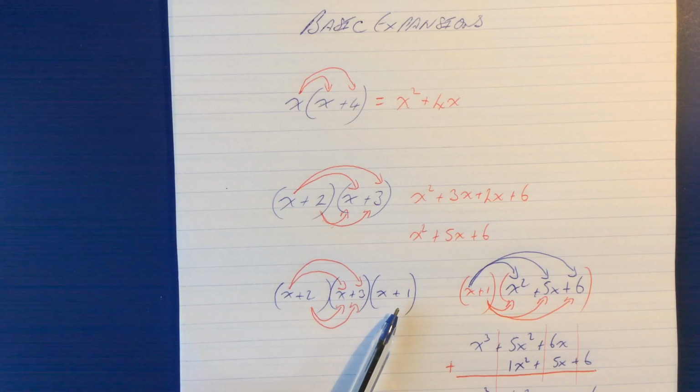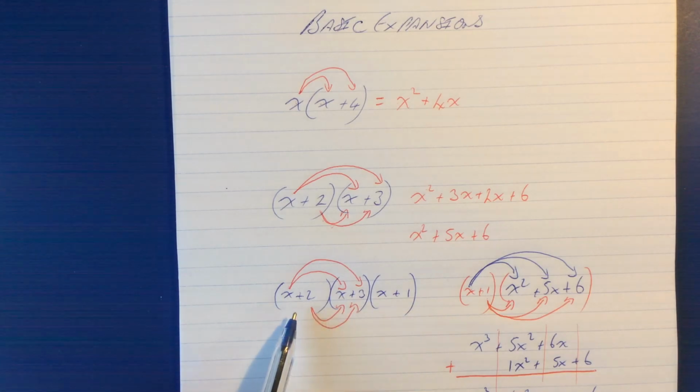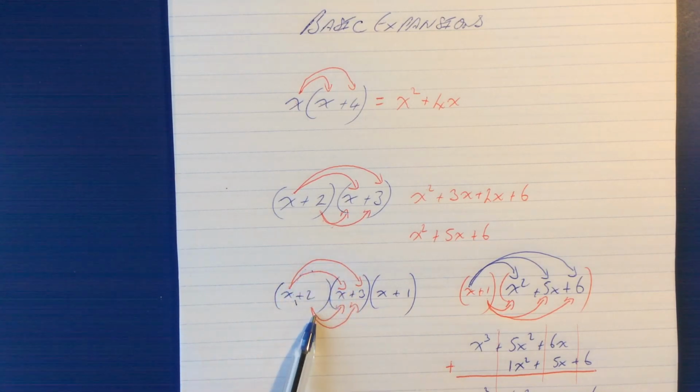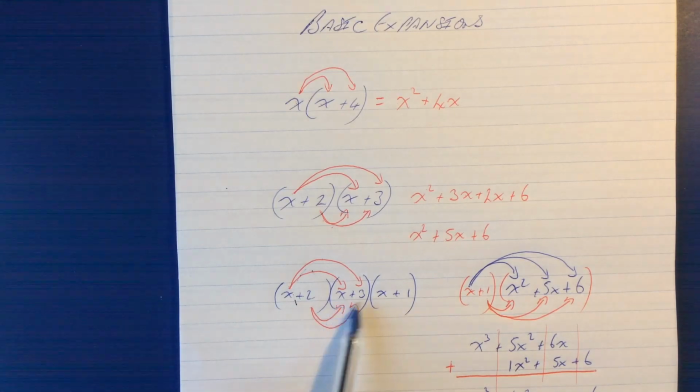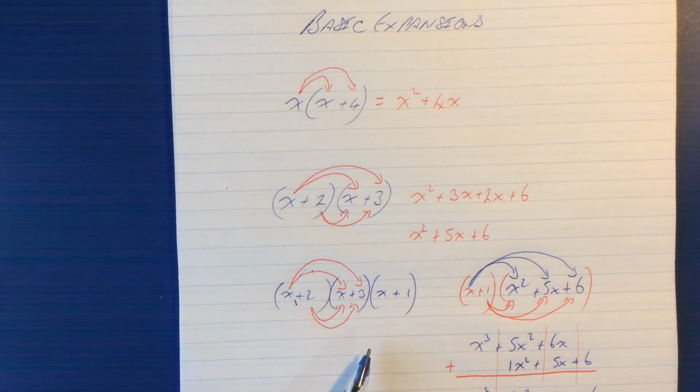You'd be very, very skilled to do this in one hit. And certainly when you're starting out expanding, it's a wise idea not only to draw in the lines, these will eventually be unnecessary, but to do things in a sequential and orderly manner.